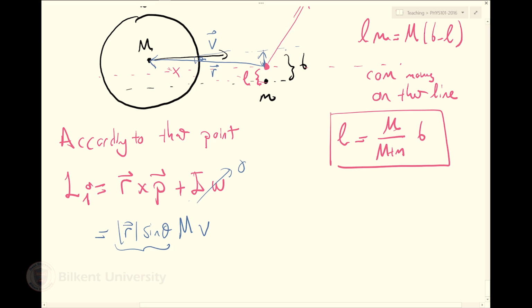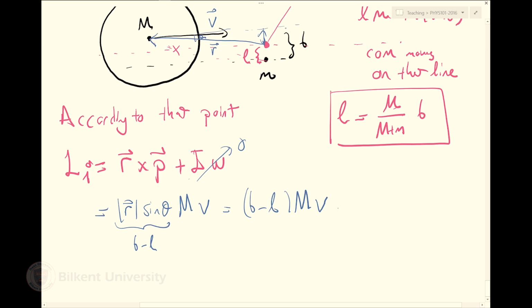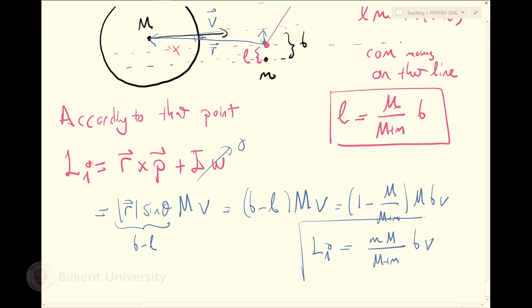So it's going to be B minus L times mv. And I know what L is. It's going to be 1 minus M over small m plus M, times mbv, which tells me it's small m times capital M divided by small m plus capital M times b times v. That is my initial angular momentum.